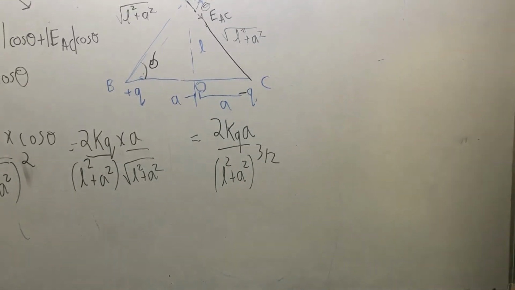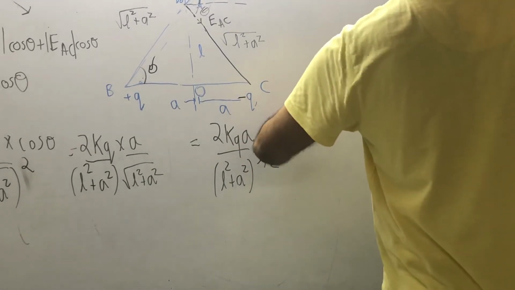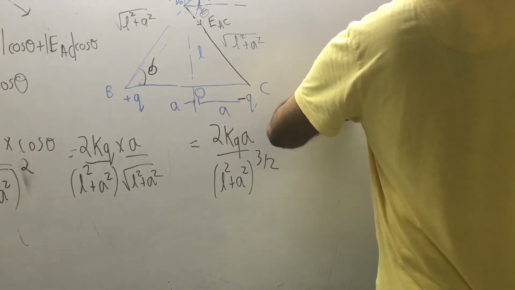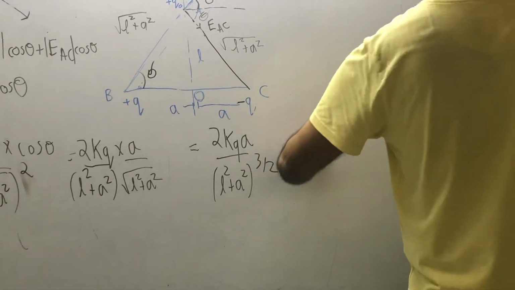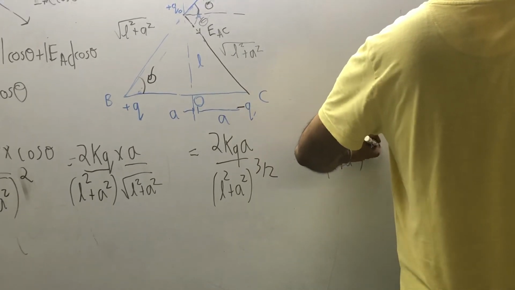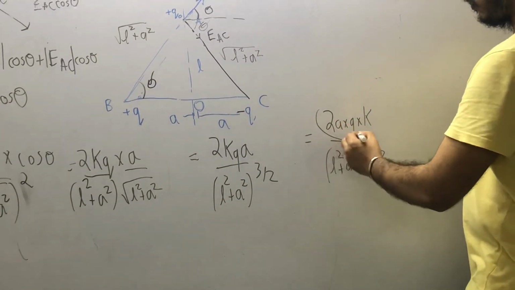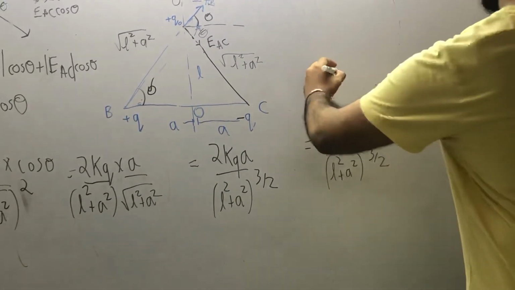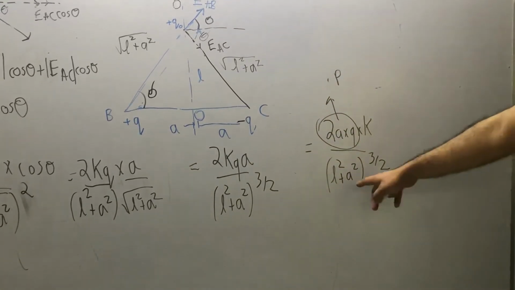Now, 2 into q into A. I will write it for simplification: 2A into q into k upon this. So what is 2A into q? 2A into q is the dipole moment P. And what about these two?